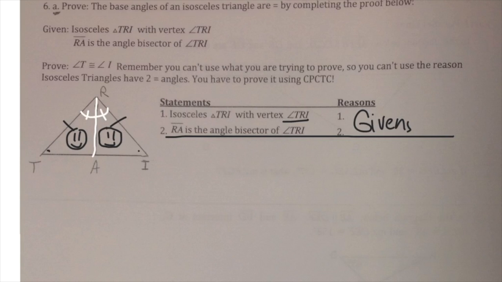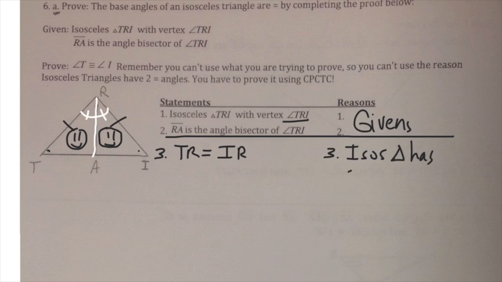I know that TR is equal to IR because an isosceles triangle has two equal sides. So that's one fact that matches both triangles.